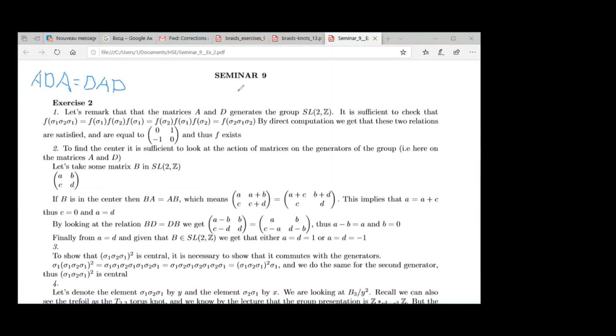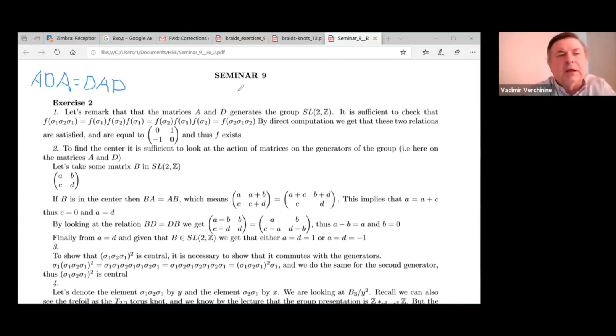So it's quite standard work, the multiplication of these matrices, and you need to verify this. This is concrete work.